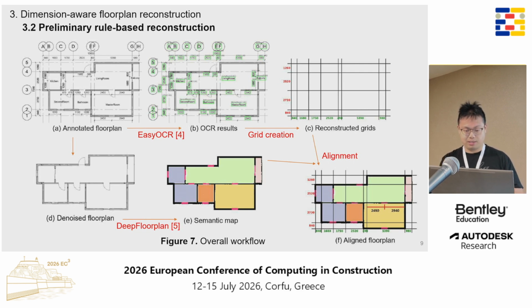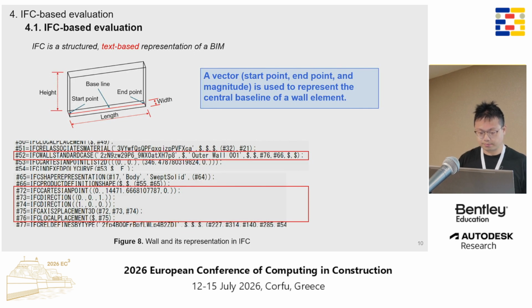And finally, we align the semantic map and the reference grid and assign the dimensions to each element in the semantic result. So in this case, every element inherits its dimension directly from the dimension annotation in the floor plan.